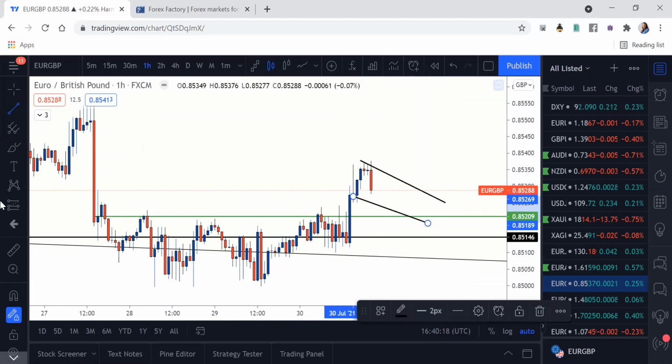Let's say that we have that type of movement, right? Ideally, we want a retest of here. This is what we want. This is where we want price to come back to, right? So that would give us the break and the retest before we get the continuation up.